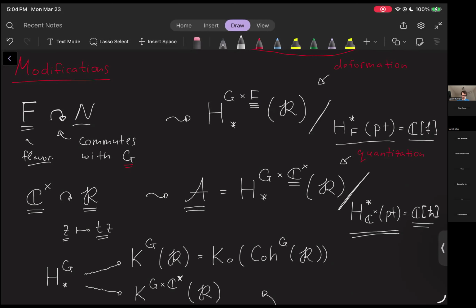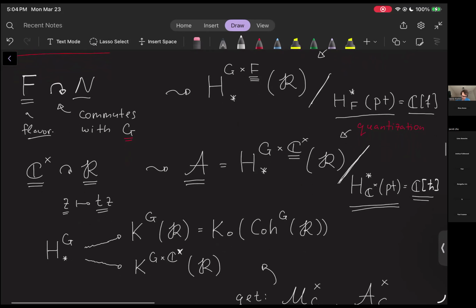So for H bar equal to 0, you get functions on the Coulomb branch, a Poisson commutative algebra. For H bar equal to 1, you get something non-commutative. And so your quantization is always non-formal? Absolutely, yes.